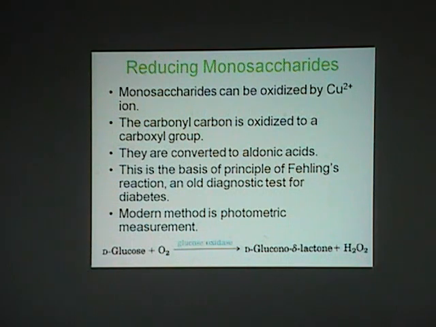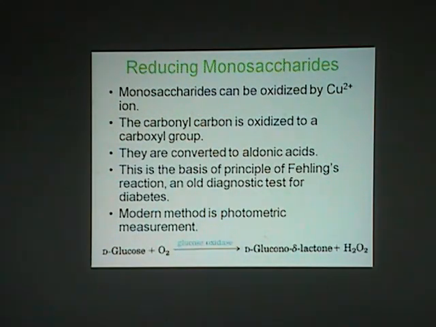Monosaccharides can be oxidized by cupric ion. Cupric ion oxidizes them, and therefore they reduce cupric ion into cuprous ion. The carbonyl carbon is oxidized to a carboxyl group. They are converted to aldonic acids, as I described earlier.